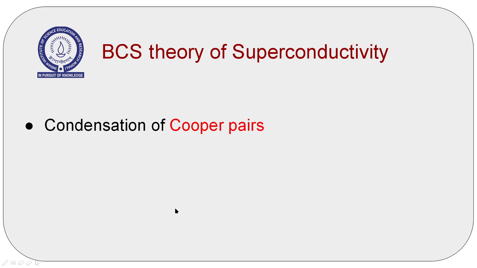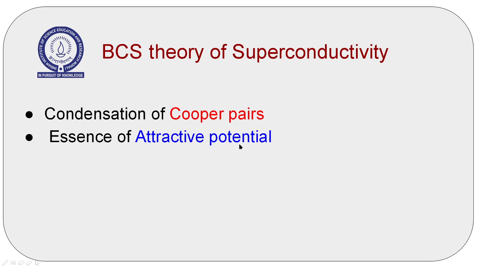The mystery of superconductivity was resolved in 1957 by Bardeen, Cooper, and Schrieffer, known as BCS theory of superconductivity. According to BCS theory, superconductivity is the result of condensation of Cooper pairs, and the formation of a Cooper pair needs an attractive interaction potential.